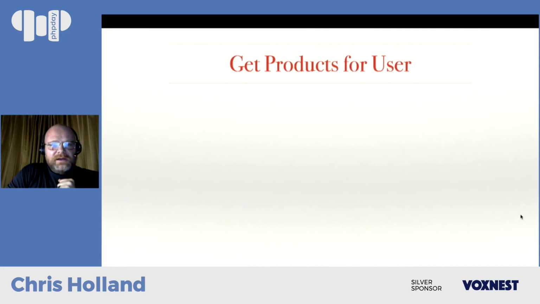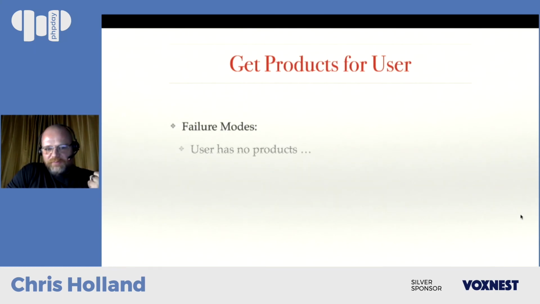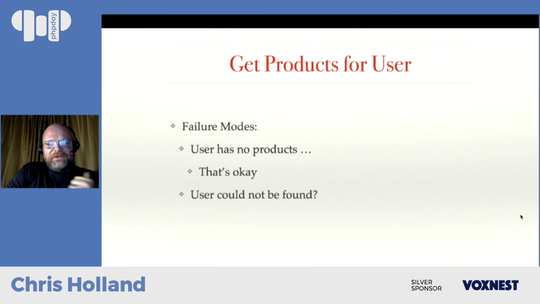When you say get products for user, right away we can think of a couple of failure modes. One failure mode would be the user has no products. That's okay. The next failure mode would be the user could not be found.